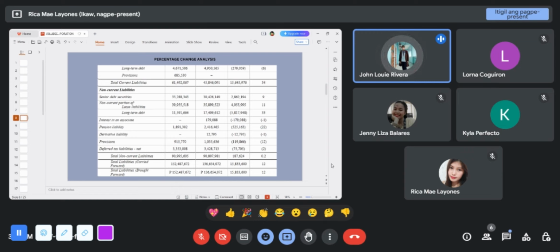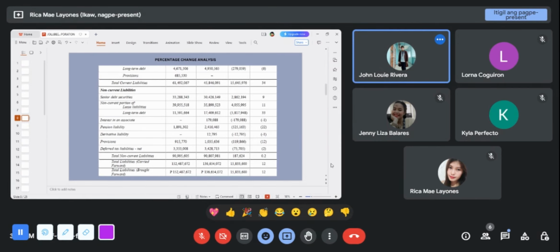Non-current liabilities. Senior debt securities, amount 2,862,194, increased by 9. Non-current portion of lease liabilities, amount 4,055,995, increased by 11.